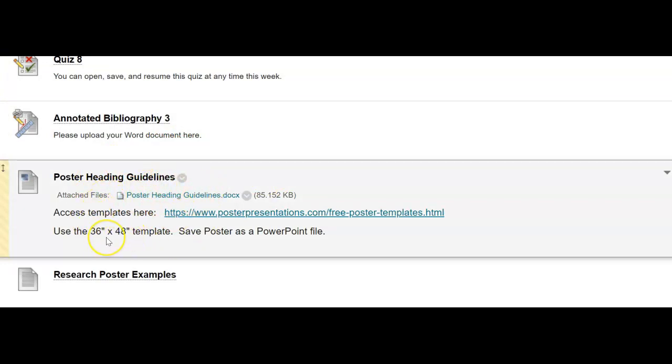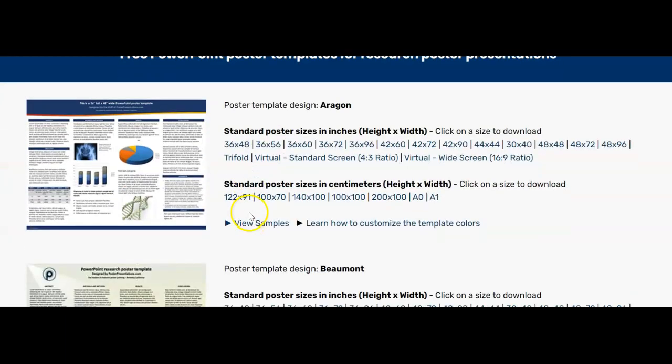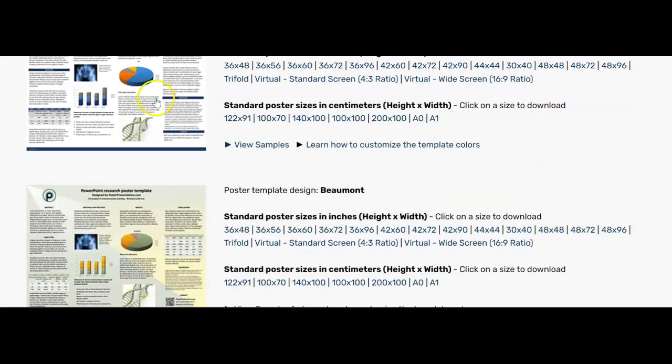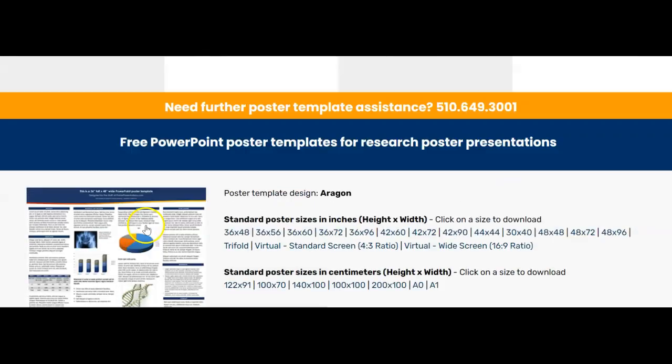Also, I want you to use the 36 by 48 inch template, and you're going to save your poster. Here are the templates that you're going to see. As you look through the poster presentations by previous students, and these are students in this class, you're going to see a couple of different templates that have been used.